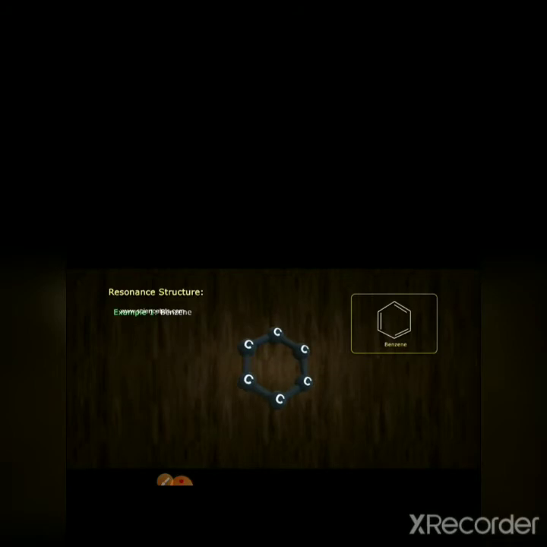Many organic molecules have behavior that cannot be explained by a single Lewis structure. Example 1. Benzene. This can be represented equally well by the energetically identical structures 1 and 2. It is a hybrid of the two structures 1 and 2 called resonance structures.